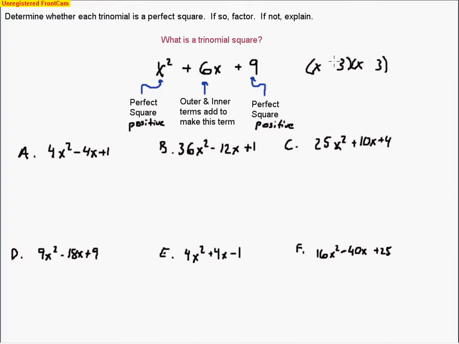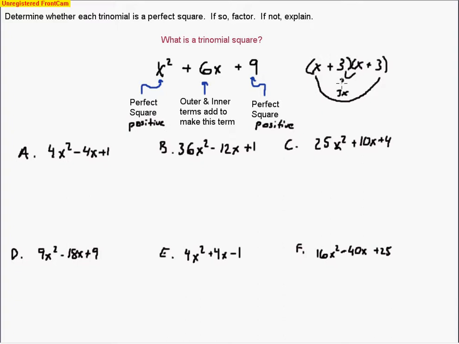And so far we do, but we need to make sure they have the same sign. So that's why both of them need to be positive. Because if this were a negative number here, that means they would be opposite in sign. Well, both of these are positive, and to make sure it does work out, the outer and inner terms need to add to make this number. So here we have a 3x, and here we have a 3x.